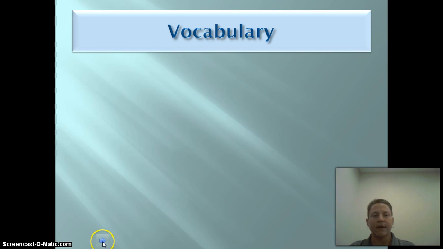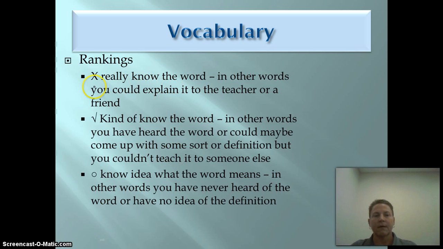Here is how you rank your vocabulary. Your X means that you really know the word. In other words, you could explain it to the teacher or to a friend. So you could give the definition or you could use it in a sentence. A check mark means that you kind of know the word. In other words, maybe you've heard of it, or you could come up with some sort of definition, but you couldn't necessarily teach it to someone else.